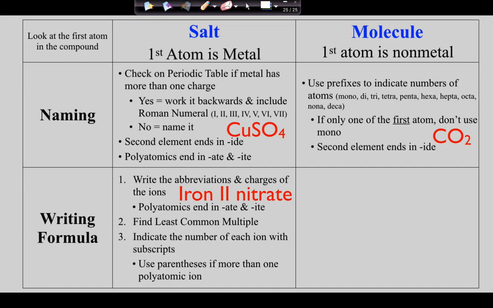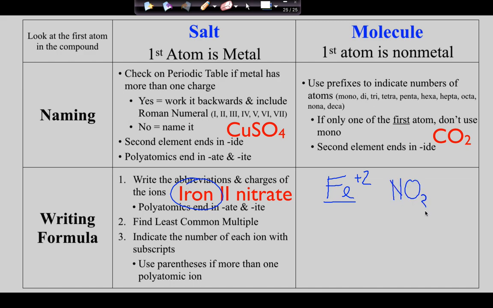So for example, if we have iron 2 nitrite or nitrate, and if we want to write its formula, iron 2 is Fe plus 2. Remember, iron is Fe. That's a metal. This is a salt. So we would look at iron and we would go, wait, iron is a metal. That's a salt. Then we've got nitrate.